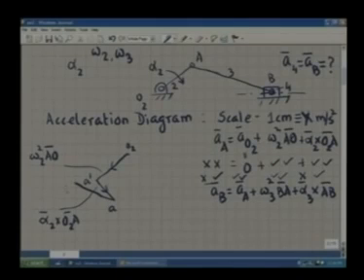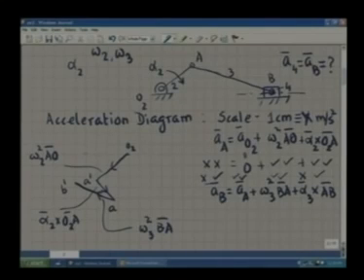So let this vector omega 3 squared BA to the chosen scale become so much. I call this point B prime. This is the vector which is omega 3 squared BA.